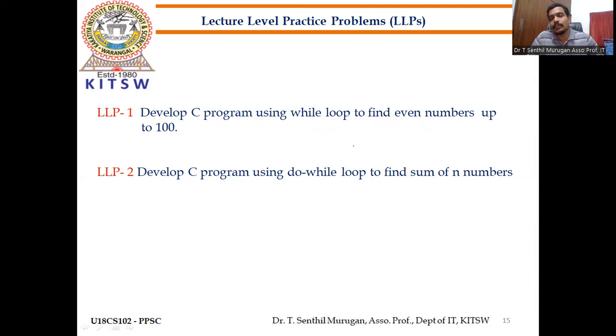Try to write a program to find the even numbers up to 100, from 1 to 100, and print them using a while loop. The same way, find the sum of n given numbers using a do while loop.